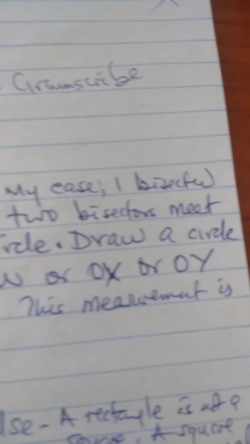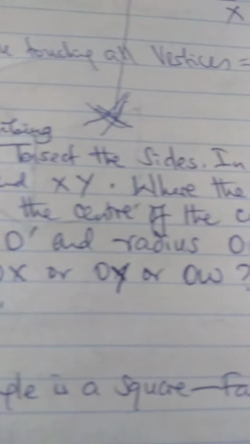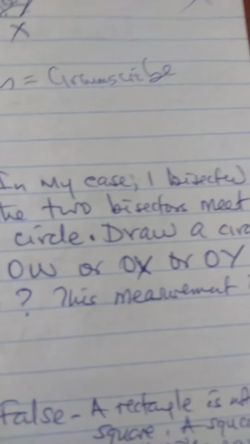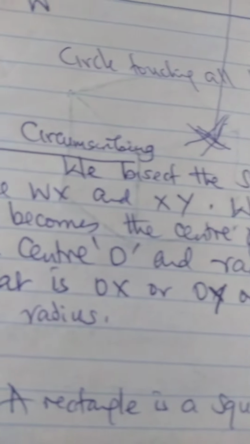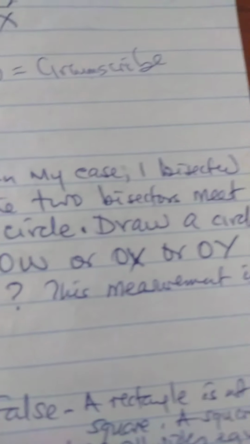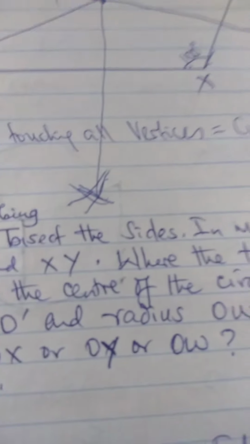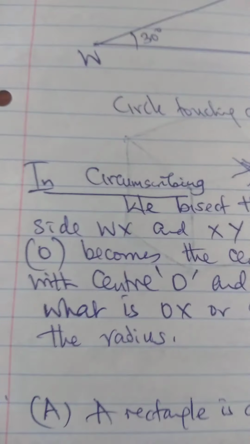Then you draw your circle with center O and radius OW or OX or OY. What is required is the radius. I didn't do that, but that is the way to do it.